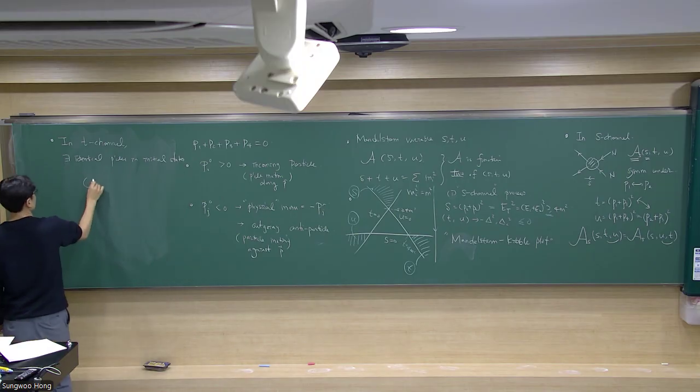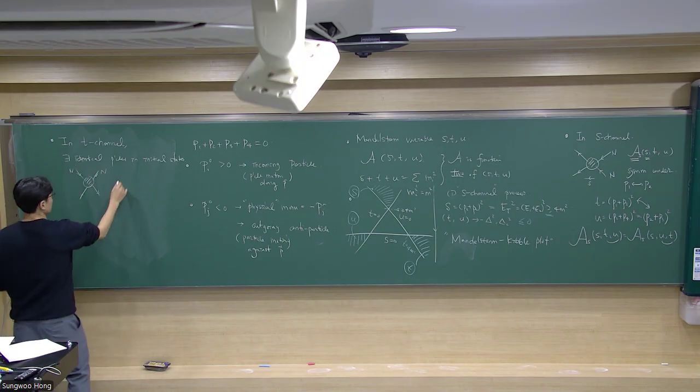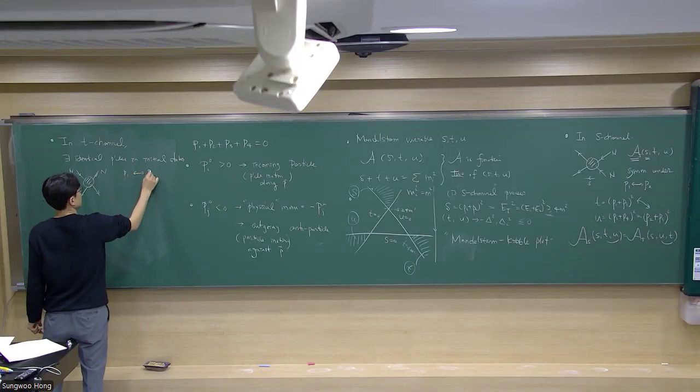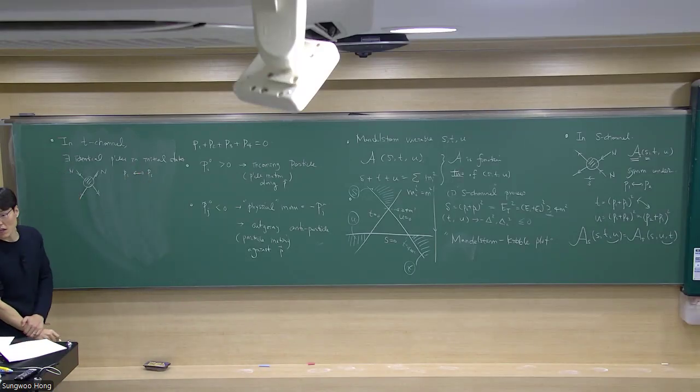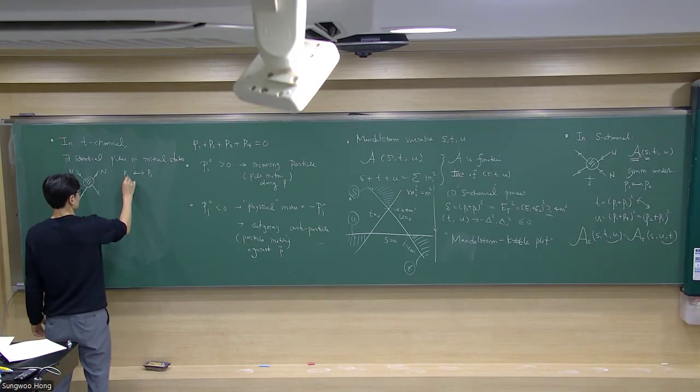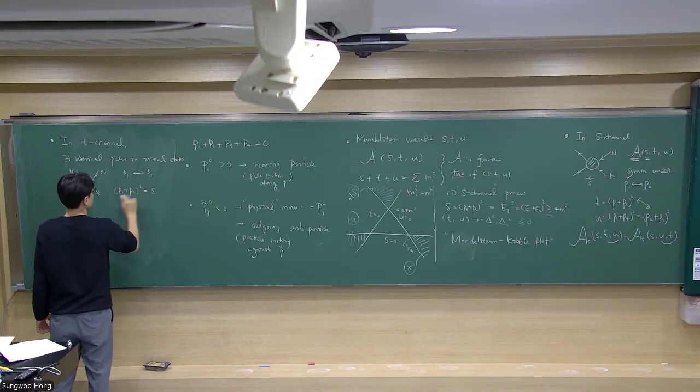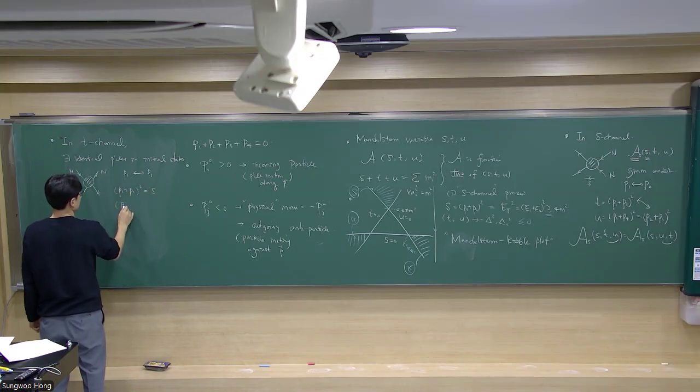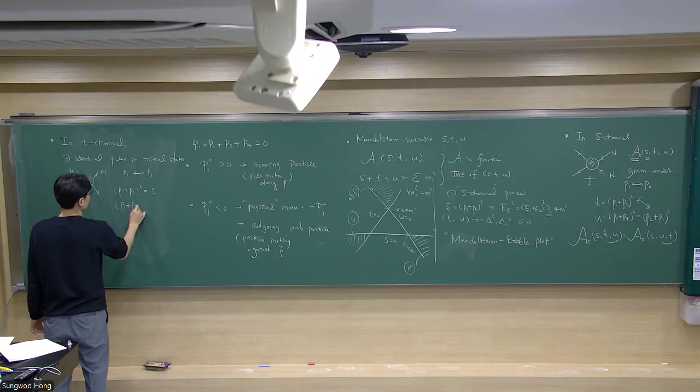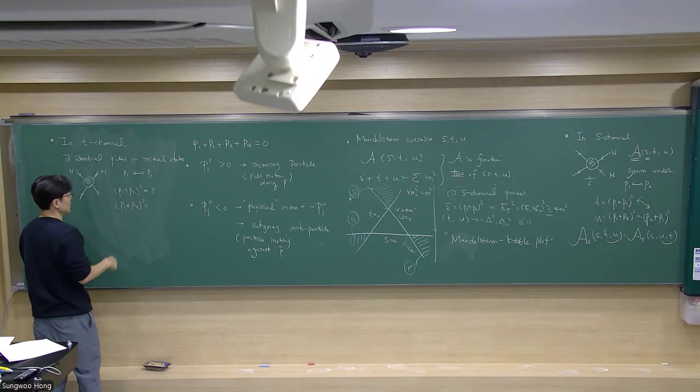Here really I'm talking about again N, that kind of situation. So that means P1 exchanged with P3 should give me the same answer. Yeah? So what does that mean? P1 plus P2 squared is S, and then P1 plus P4 is U, but then by energy momentum conservation, this is equal to what?